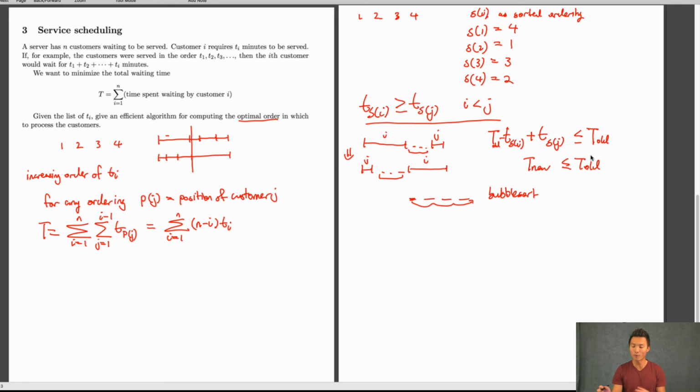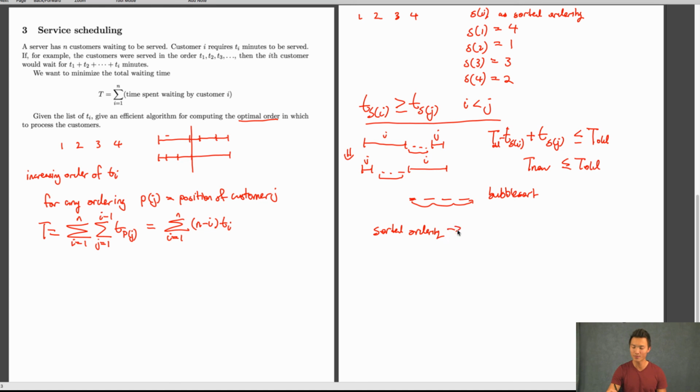So what happens is that at our final sorted ordering, we can't improve this time anymore, right? Because we don't have any of these conditions left. And if we were to exchange the other way, then our time can only be worse off.